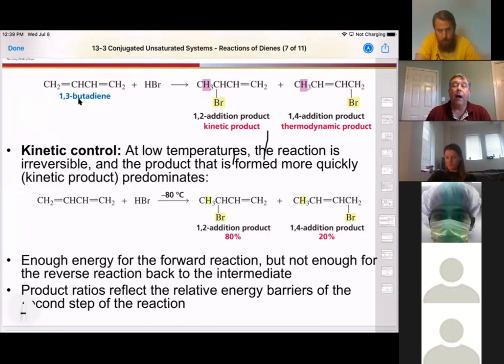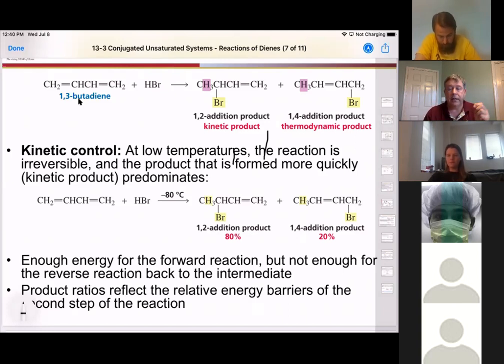The reason this works is that once we form that 1,2 product, at a low temperature it does not have enough energy to reverse and go back to that intermediate carbocation. So we call the reaction irreversible, and therefore the product that happened first is the predominant product. At low temperatures, we cannot reverse the reaction to go back to our reactive intermediate, and therefore we always get the kinetic product, or the fastest product, as the major product.